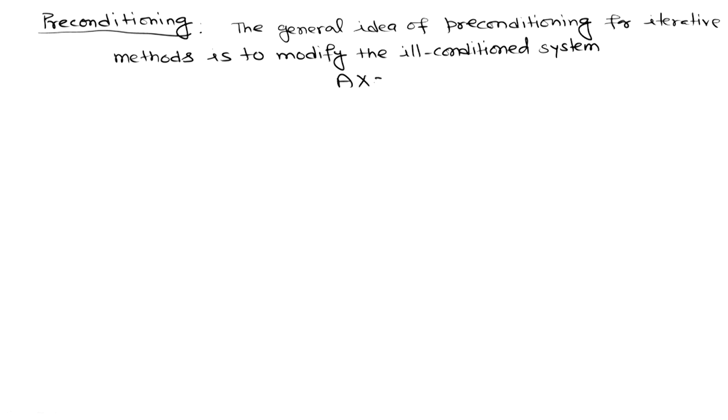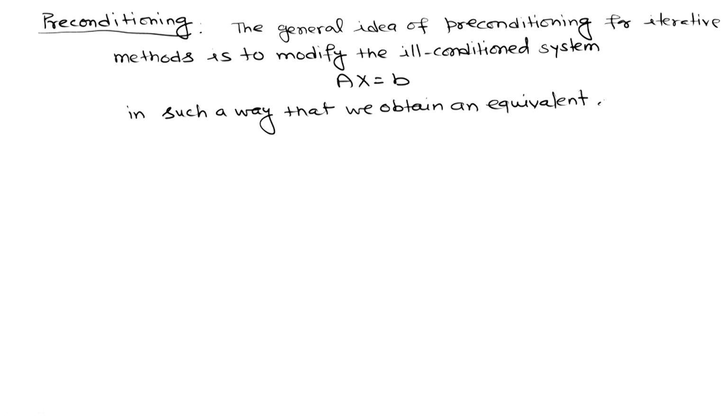So, if Ax equals b is an ill conditioned system, we modify this system in such a way that we obtain an equivalent system. Let us write it with the cap notation, that is A cap x cap equals b cap.